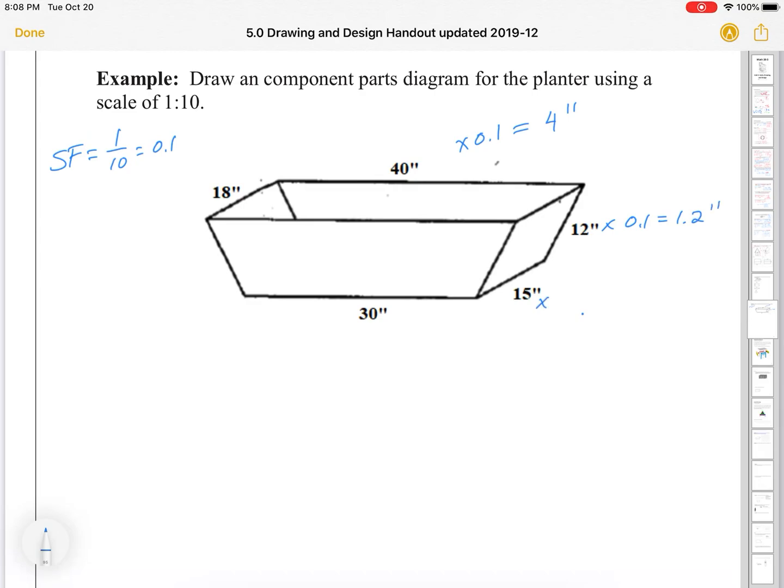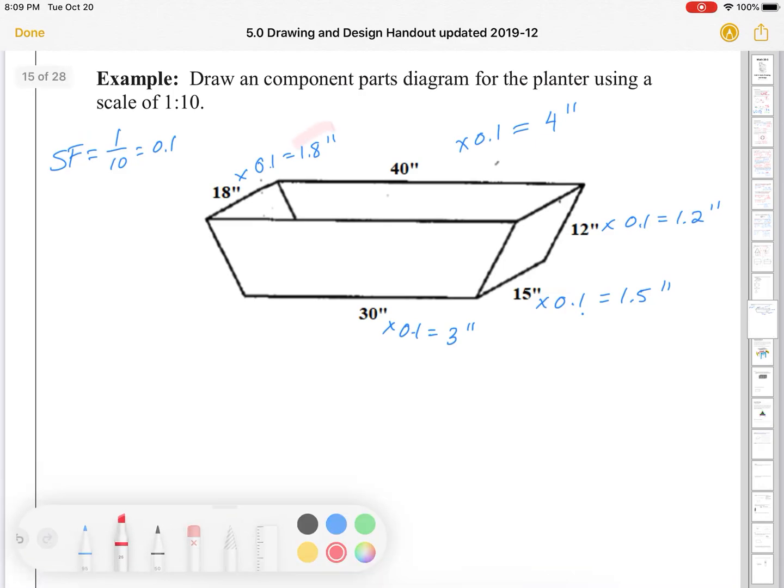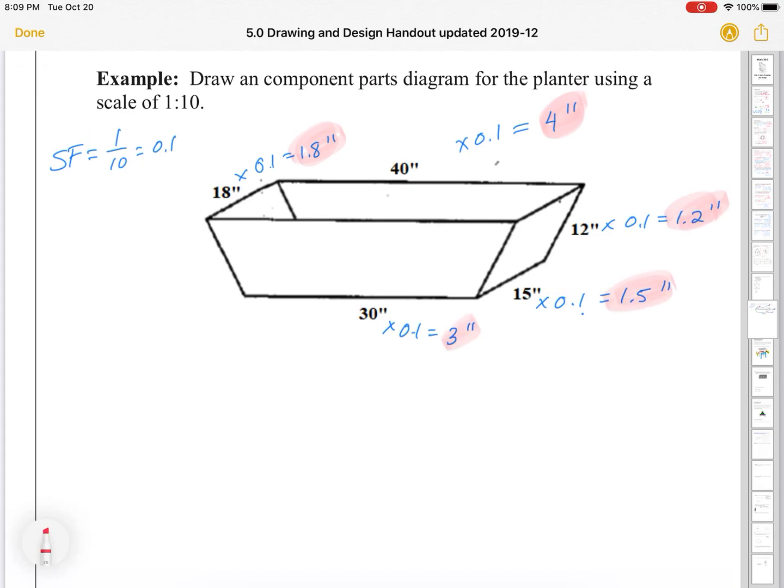We times our 15 inches by 0.1, and we get 1.5 inches. We times our 30 by 0.1, and we get 3 inches. And we times 18 inches by 0.1, and we get 1.8 inches. We're going to need those measurements for when we are actually doing our scale component parts diagram.